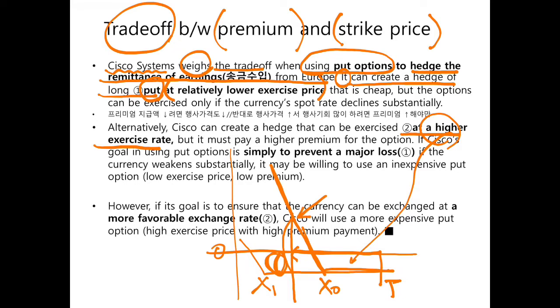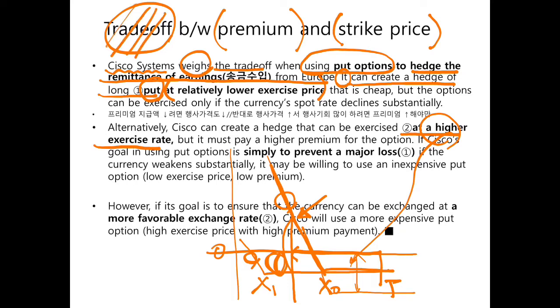So this one looks better, but the option premium for this one should be higher than this one. So if I make it entirely correct, the premium for this one should be higher. Thus, I have to account for that as well, right? That's the kind of trade-off.